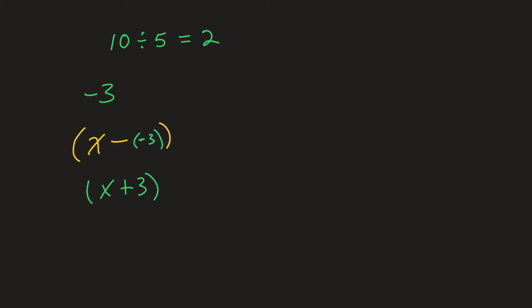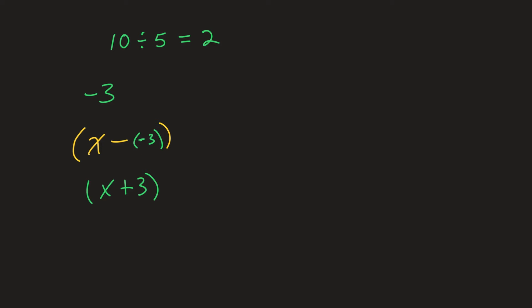Recall that 10 divided by one of its factors gave me the other factor, right? Well, what if we only knew one factor of our polynomial? What if we only knew that negative 3 was one of them? How would I find the other? Well, x minus the negative 3, which will make x plus 3, tells me that x plus 3 is the factor.